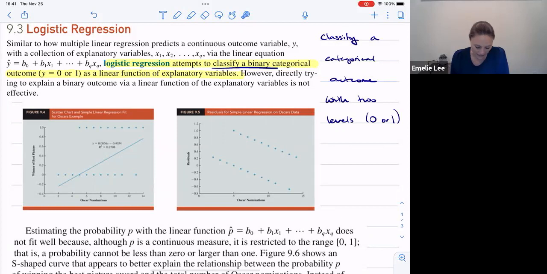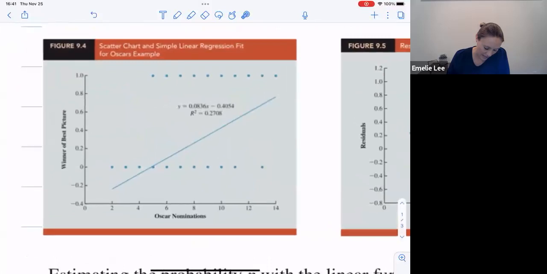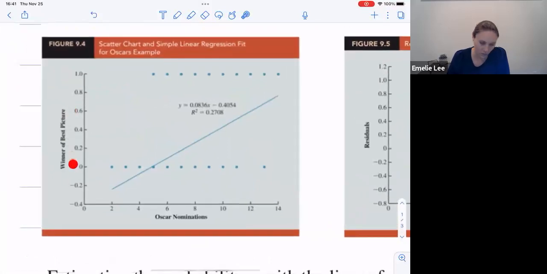Now, I think the example in the textbook is using Oscar nominations. So you can have a number of Oscar nominations, and then we've determined if they won Best Picture or if they did not win Best Picture. So there are really only 2 outcomes here. Trying to model it with a linear equation kind of makes no sense, right?